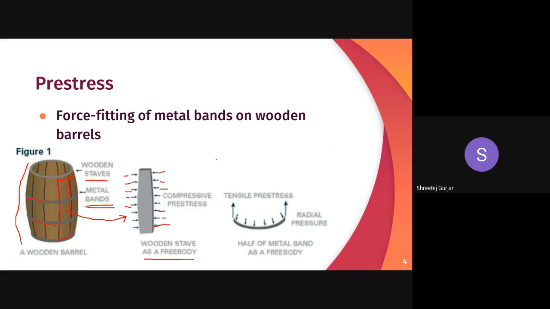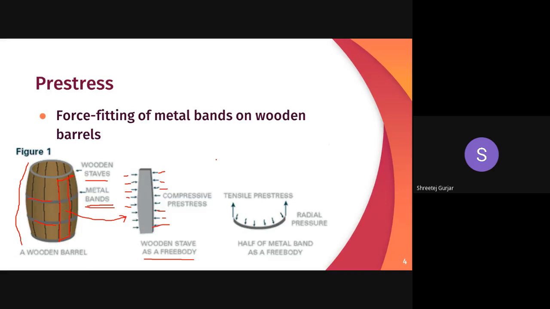They heat the metal band before, and heat expands the metal, and that expanded metal is put on the barrel. When the steel cools, it comes back to its original size, and that compressive force is now applied to the wooden barrel, because the wooden staves do not allow the metal band to compress.